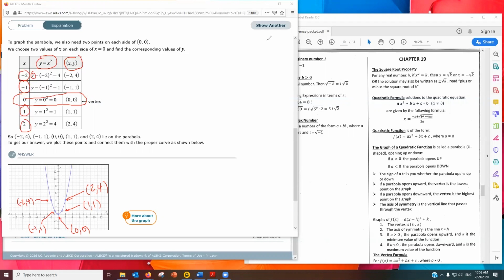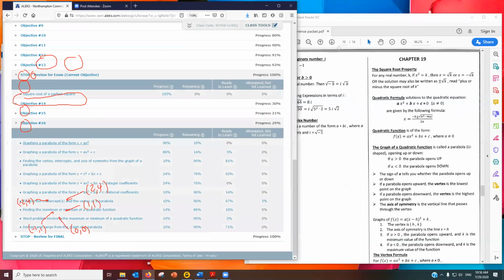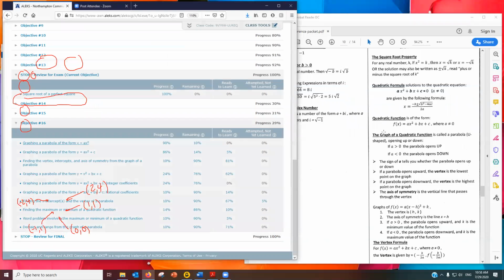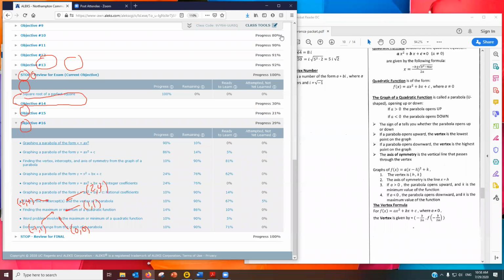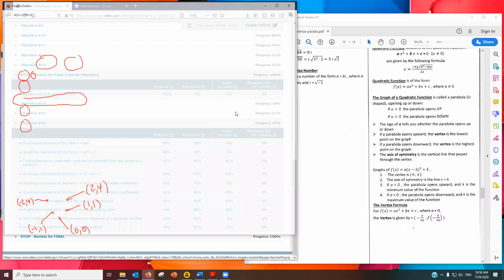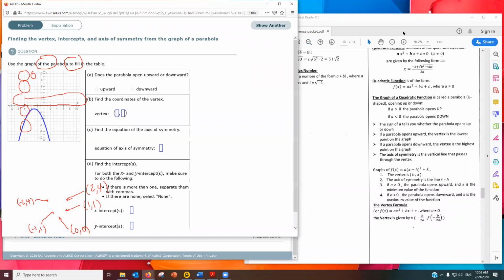All right, let's go to another example here. How about we do an example where we're asked for several different aspects of this graph. So let's take a look at this one.